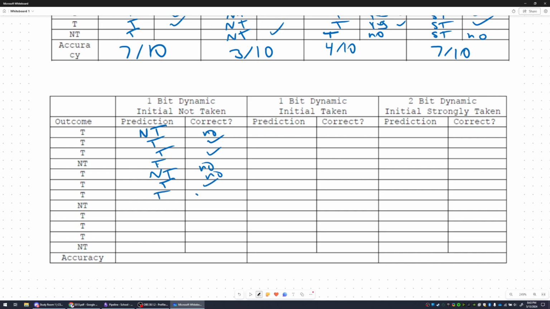It's accurate. Keep it. Keep it. No. So flip it. No. Flip it again. Yes. Yes. No. Okay. So the accuracy is 1, 2, 3, 4, 5, 6. 6 out of 12, right? Can't count. Yeah, 12.